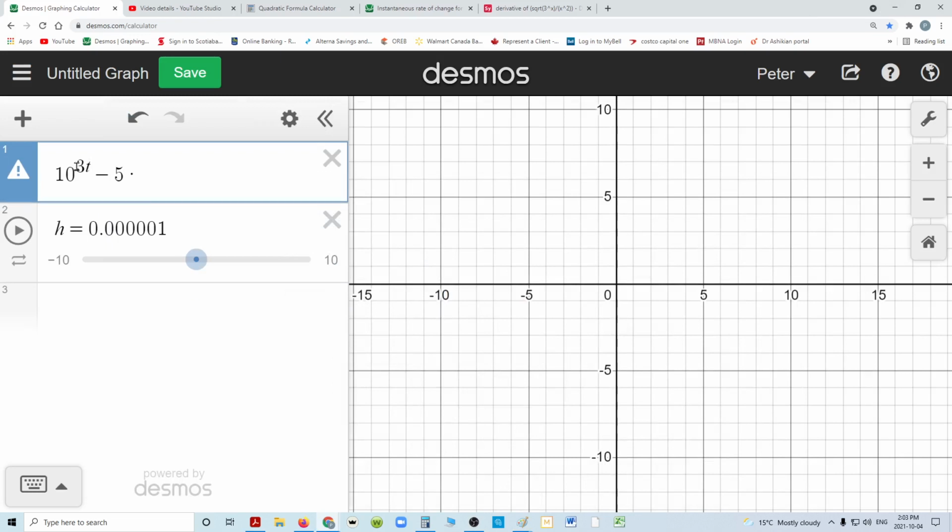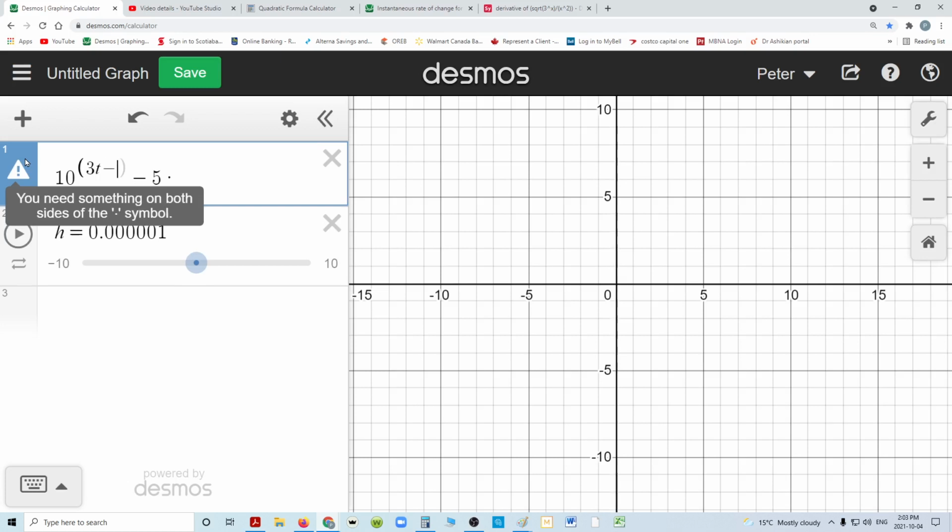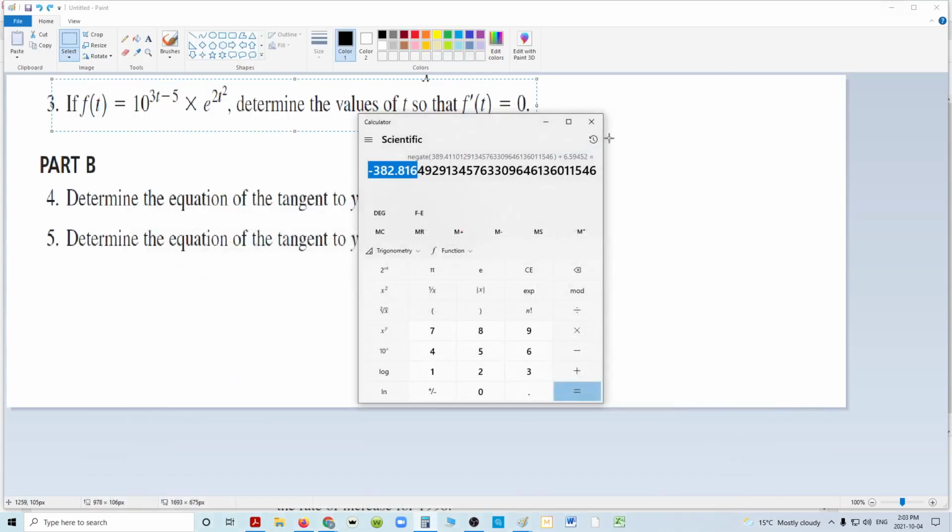And we're going to multiply it by 3t minus 5 up here. Let's put it in brackets, 3t minus 5. And then we're going to multiply it by e to the 2t squared.